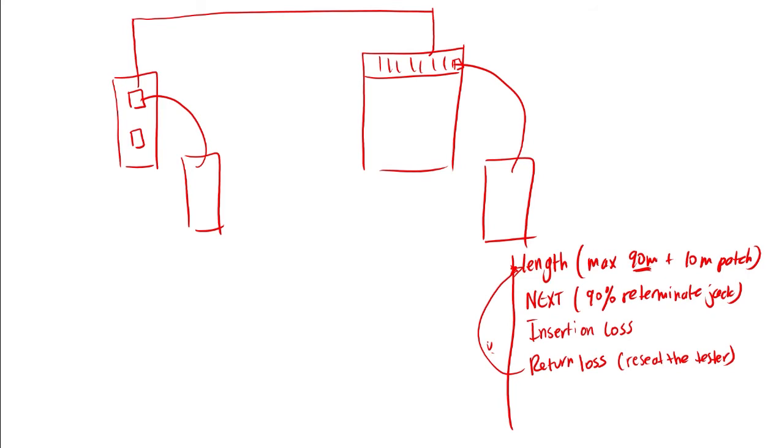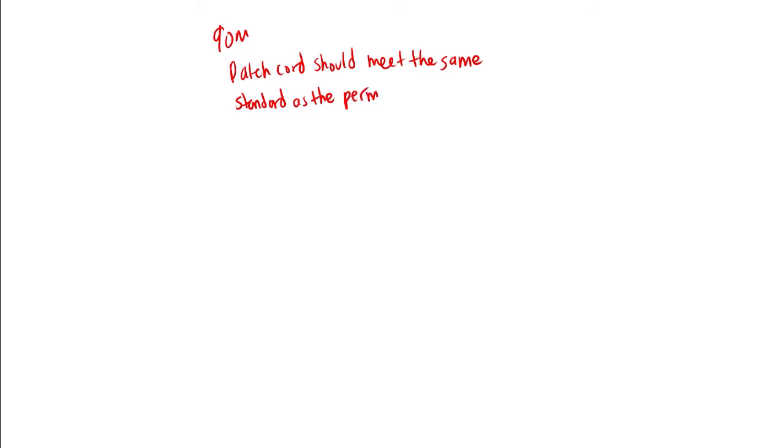nobody tests the patch cords. Although, in reality, when you have a twisted pair, 90 meters, the patch cords should meet the same standard as the permanent link.